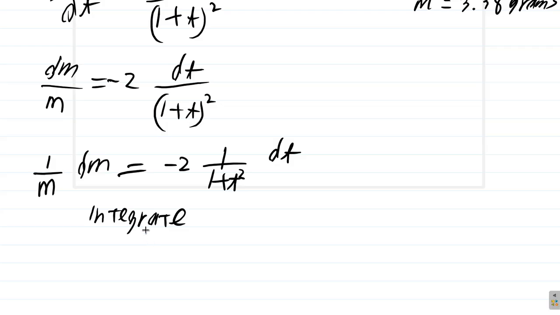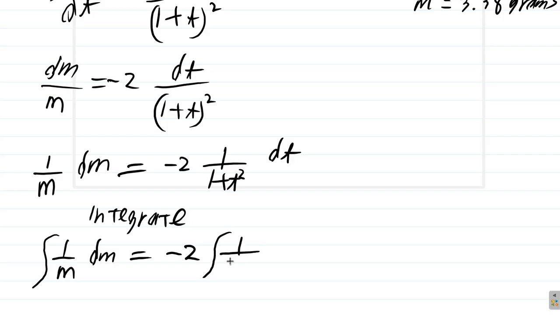So what you have is the integral of 1 over m dm is equal to, put the negative 2 outside of the integral, makes it less messy when you're integrating, negative 2 integral of 1 over 1 plus t squared dt. Alright, so that's what you have there.